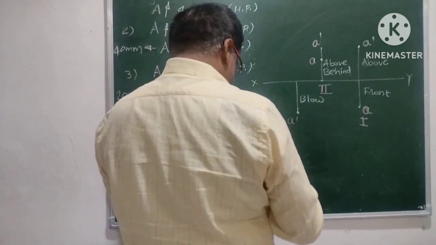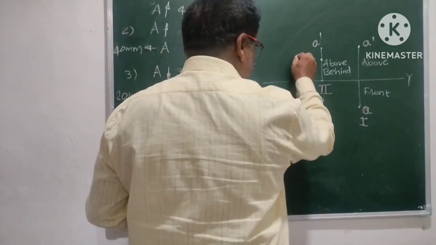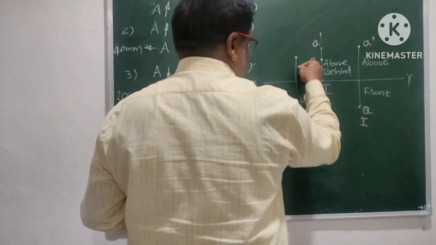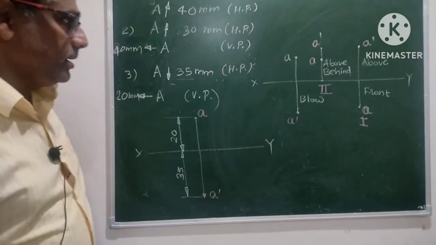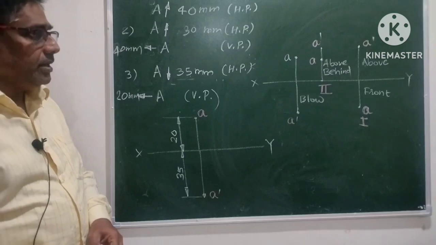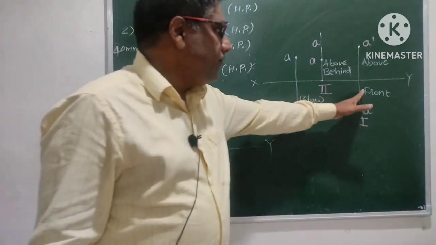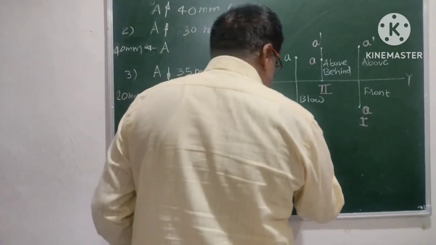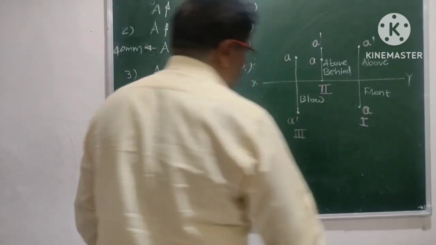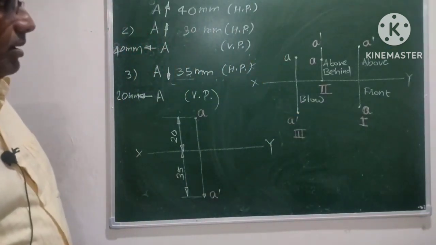As per the distance given, top view will be here. See, opposite of first quadrant is third quadrant. This is valid for third quadrant.